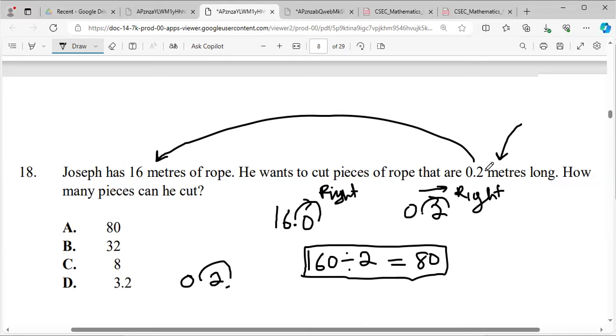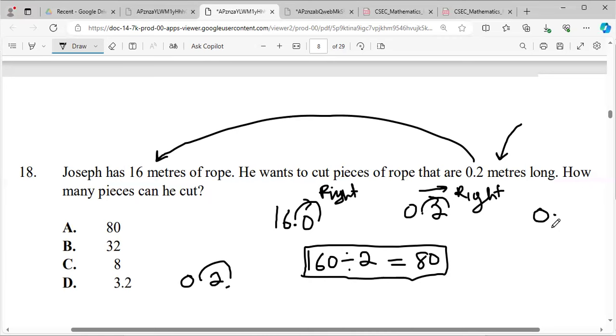Think about that, guys. Anyone want to answer? All right, question now. How many 0.5 meters is in 1 meter?